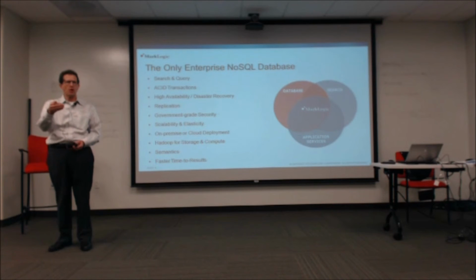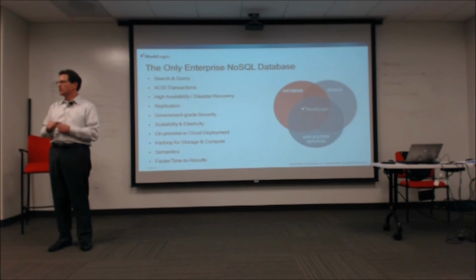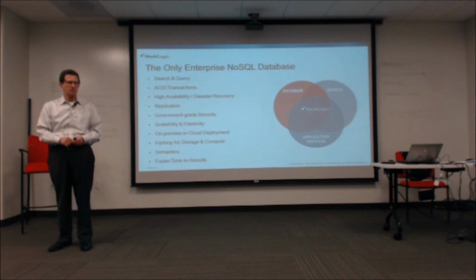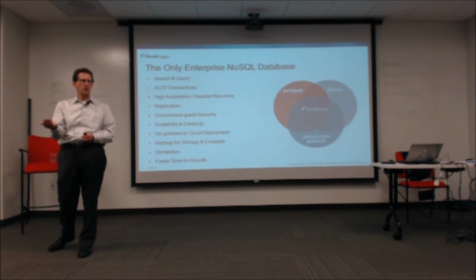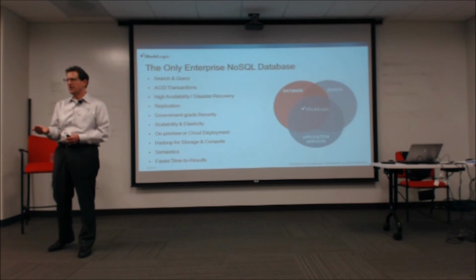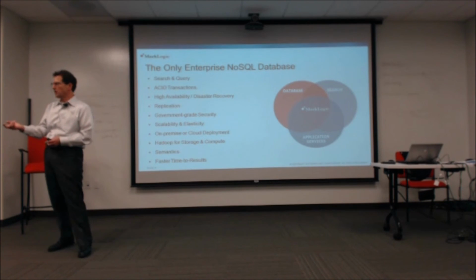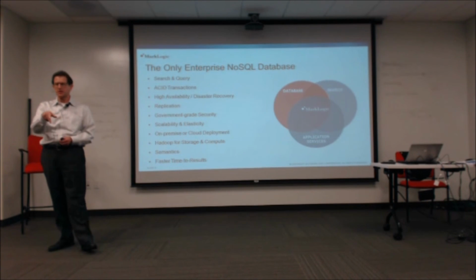Think about a capital markets application. Imagine you're sitting in a financial services company and you type in IBM. And you want to find out everything in your systems about IBM. If you type in IBM, likely you're going to get thousands and thousands of documents back. In that same database, if you type in Big Blue, you probably won't get anything back. But you and I, we all know that Big Blue and IBM are one and the same.